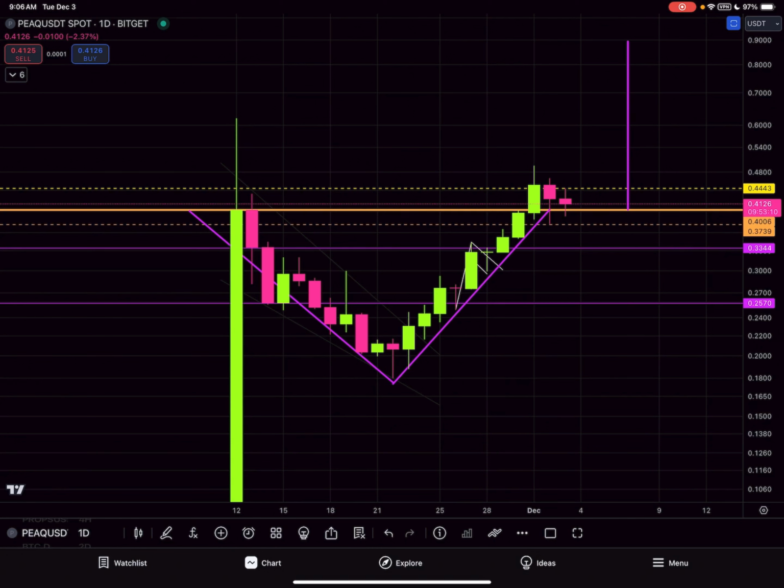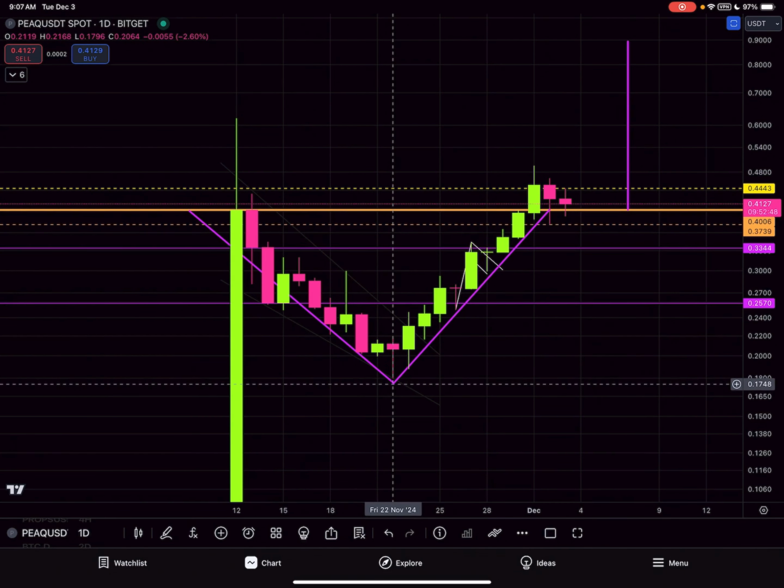Peaq launched about 3 weeks ago, and price declined sharply. From this we're going to use this area here, the highest daily open and close, which was approximately 40 cents. Price declined viciously all the way down to 18 cents.